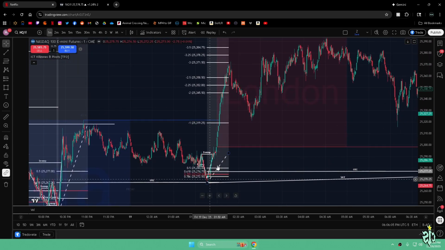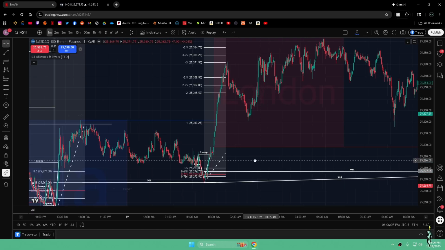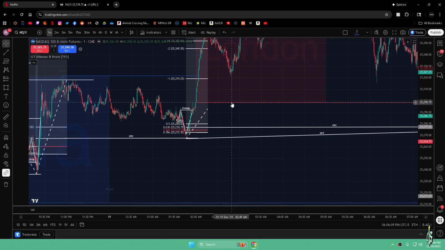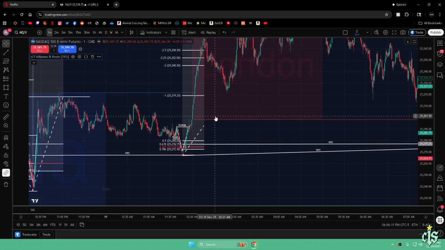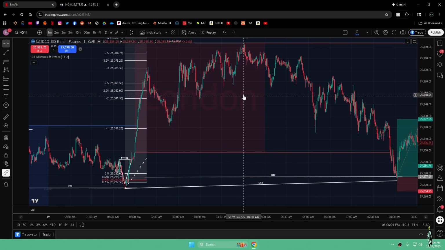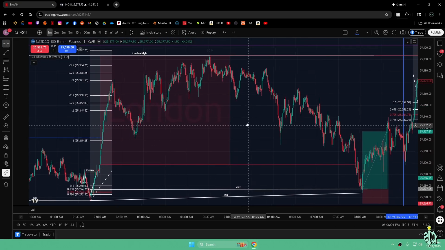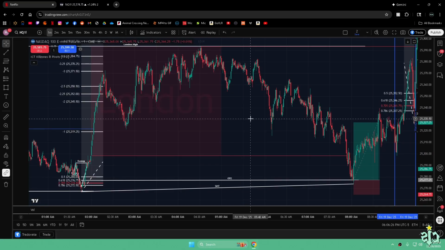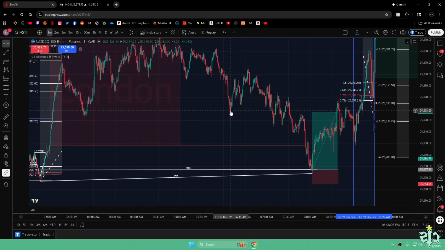Then we have Asia open, obvious, or London open, volatility. Let's see. 30-ish minute mark. Starts reversing. 30-minute mark going up. 30-minute mark reversing.